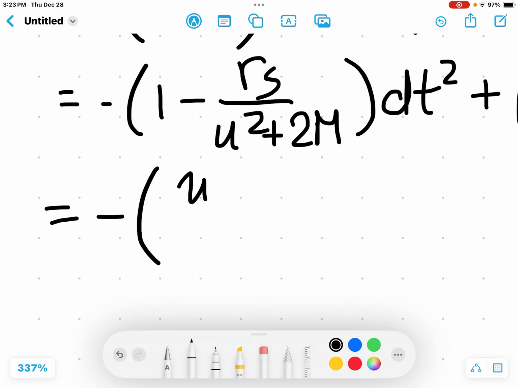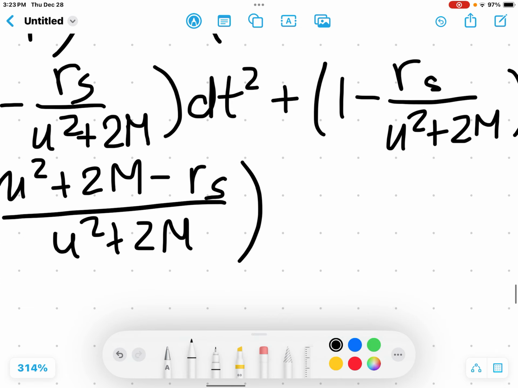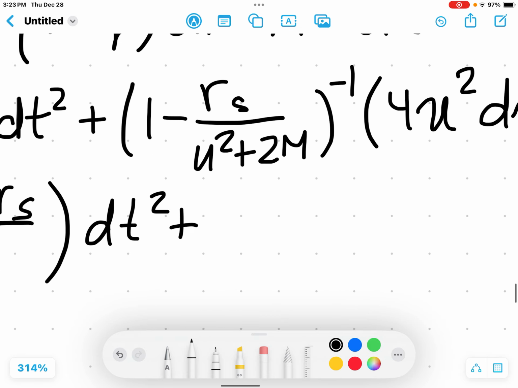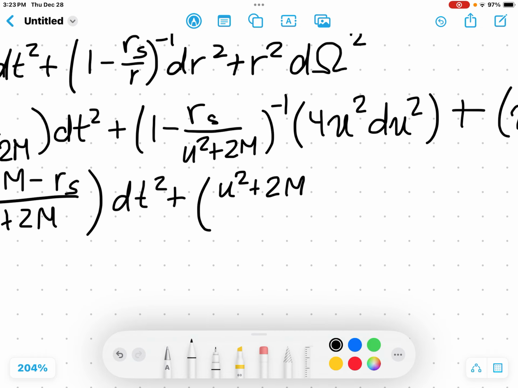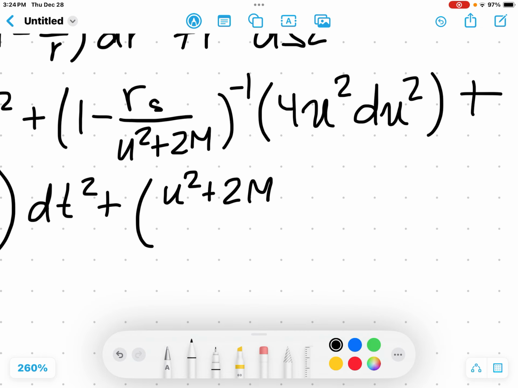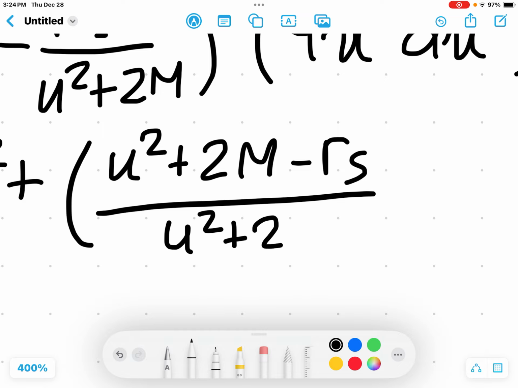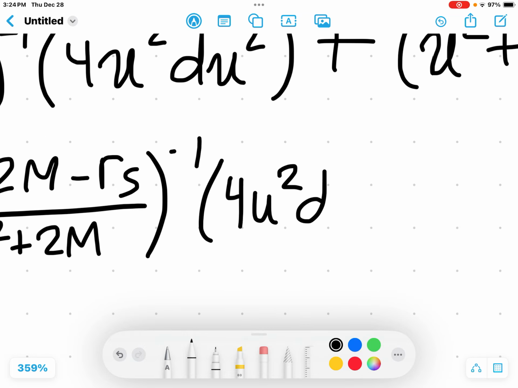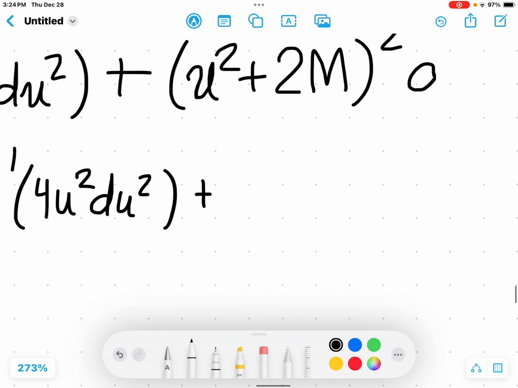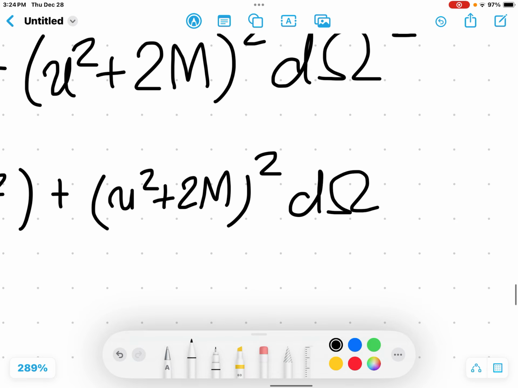So this is (u squared plus 2m minus rs) over (u squared plus 2m) dt squared, plus, and the reason why I'm expanding this out is because there's some suitable cancellation I believe I can do, but I don't think it's necessary in the end, (u squared plus 2m) over (u squared plus 2m minus rs) to the minus 1, and then this is 4u squared du squared plus (u squared plus 2m) squared d omega squared.